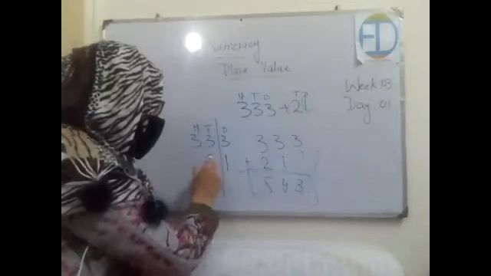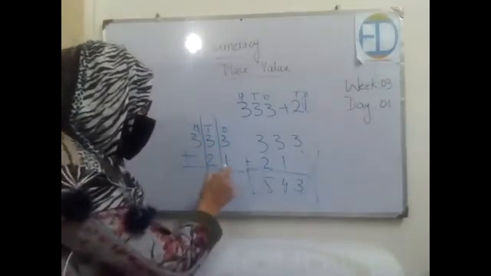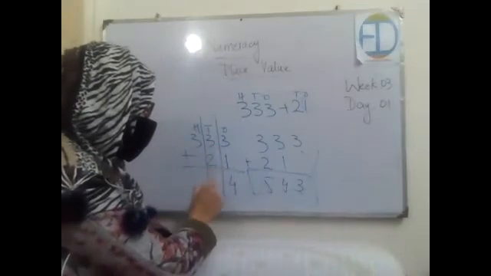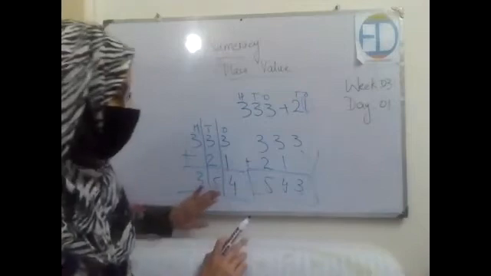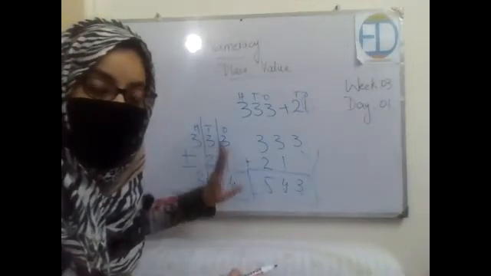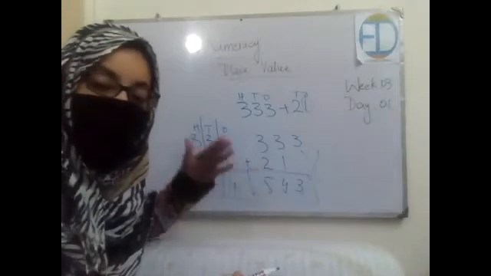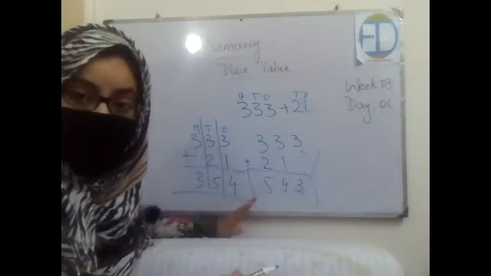Now 2 comes in the tens row, so I have placed it over here. Now add them: 3 plus 1, 4, and 3 plus 2, 5. Now see the difference. The right answer is 354, but when we place the numbers in the wrong position, the answer is 543, and this is a very huge difference.